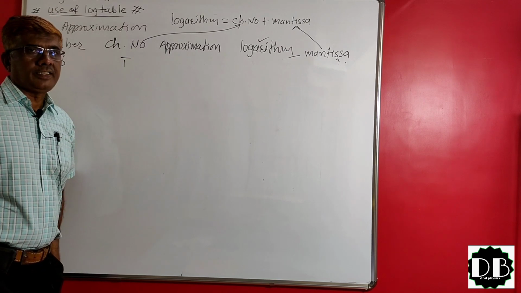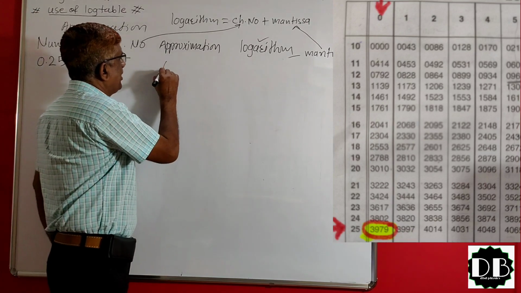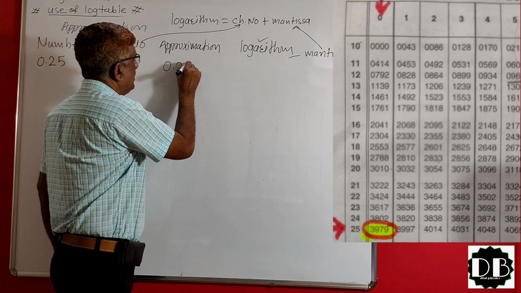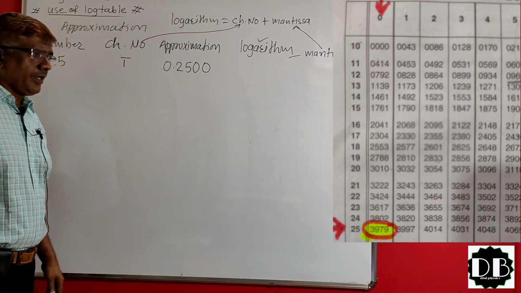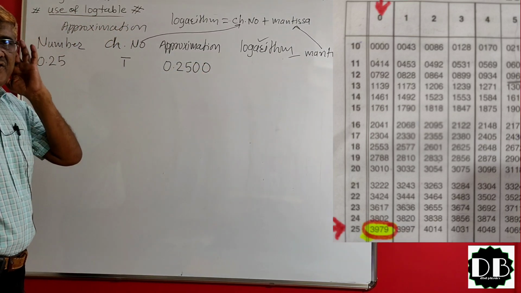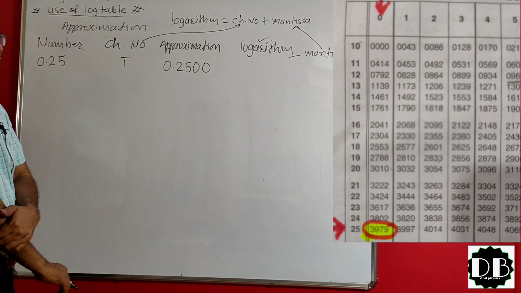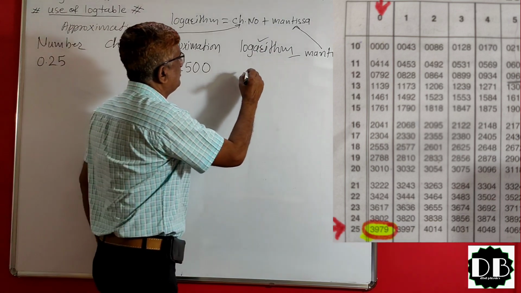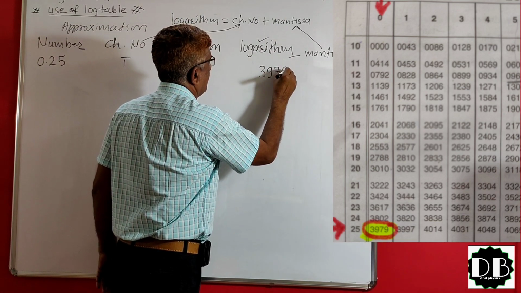You know now the method to bring out the character number. No need to make any approximation because the digits are less than 4. Logarithm of 25: we already saw that it is 3979. So that logarithm is 3979.